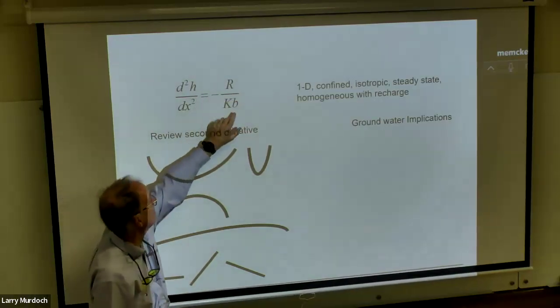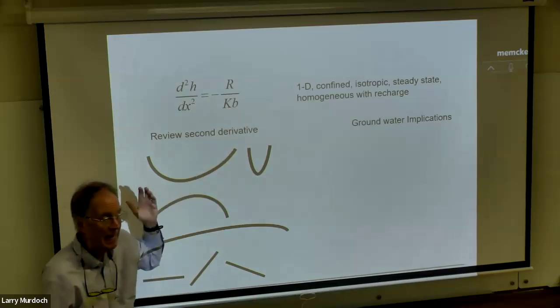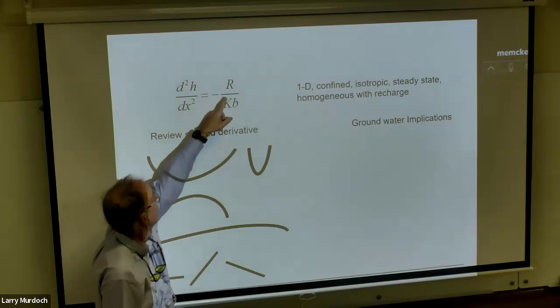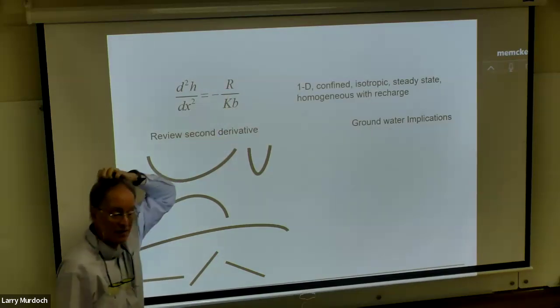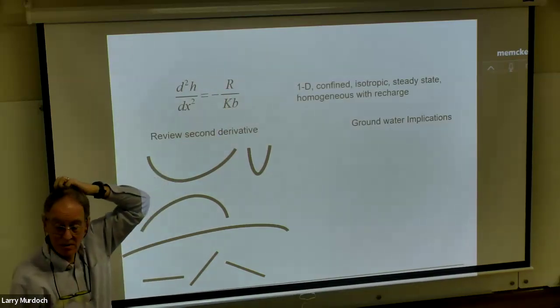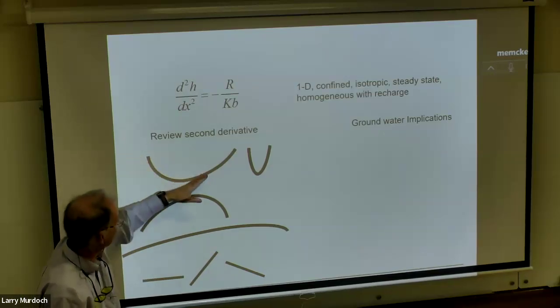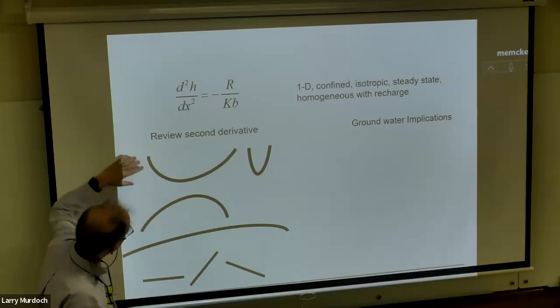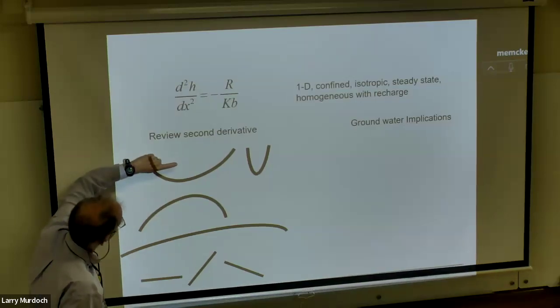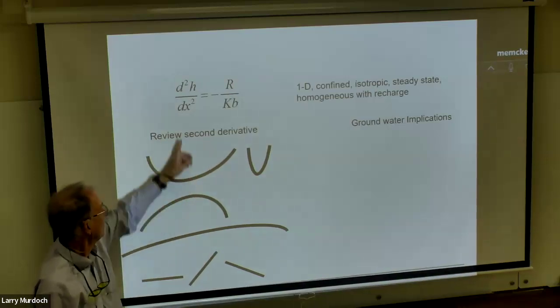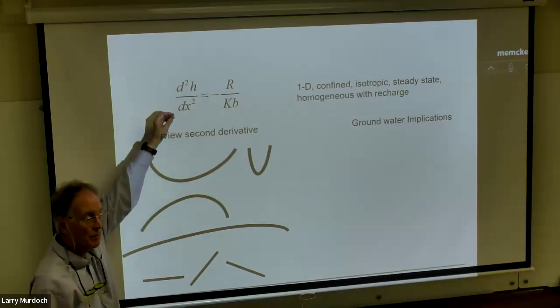So look, the conductivity and the thickness, they can't be negative. So this means that the recharge must be negative. So we have this kind of a basin. What it means is, the slope is going like this, flow is going like that, flow is going like that. There must be negative recharge or water being removed.